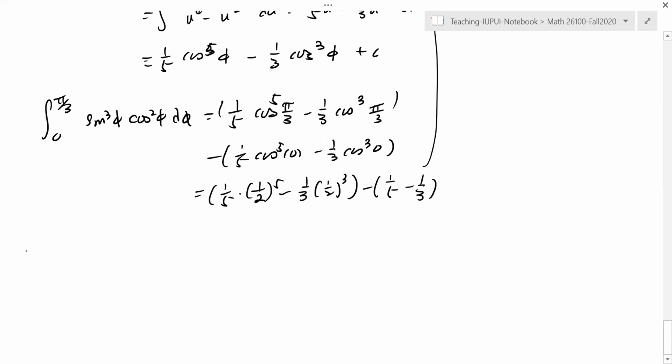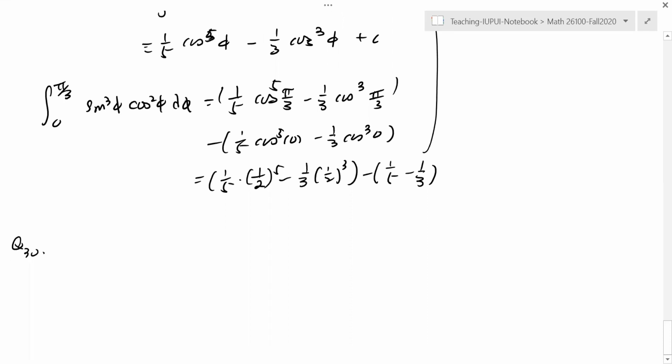Now let's take a look at similar problems, number 30. This time you are given the equation for the cone in Cartesian coordinates.